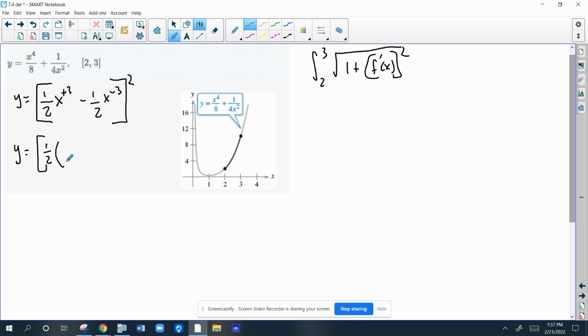And the square double square part of it is x to the 6th, and then minus 2x to the 3rd times x to the negative 3, which is 1, so minus 2. And then square the last term, which remember we took the negative 1/2 out, so it's x to the negative 3 squared, which is x to the negative 6.